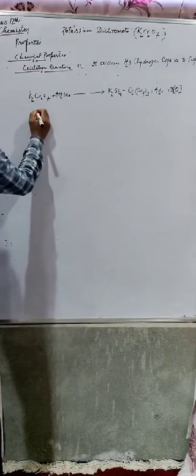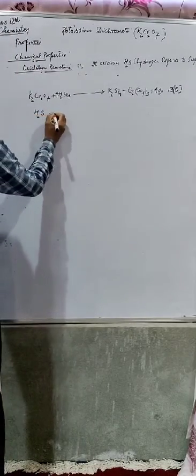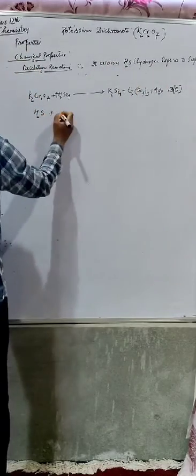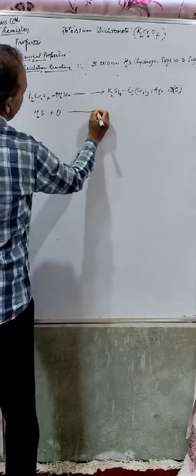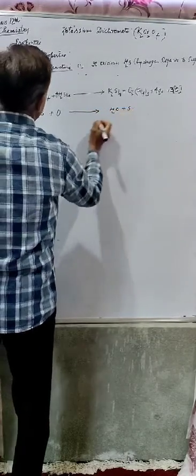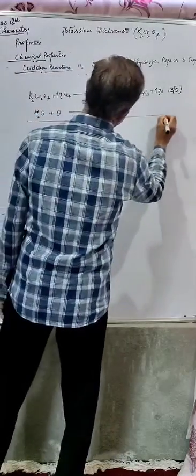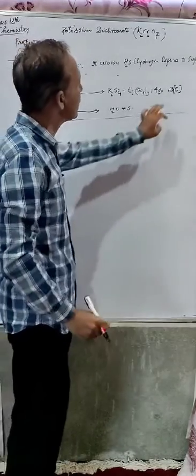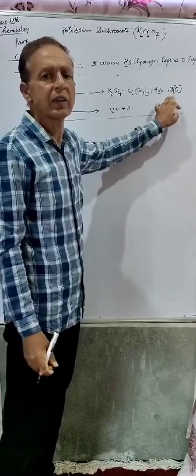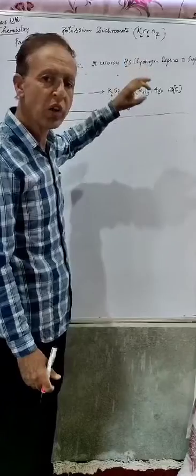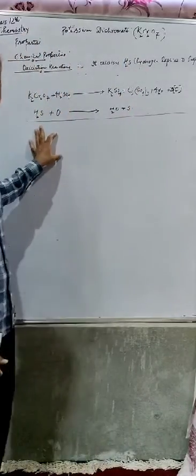Now we will write hydrogen sulfide. The reaction is it oxidizes hydrogen sulfide to sulfur. So H2S plus O forms H2O plus S. Now we have to write the overall reaction. While writing the overall reaction, we have to see the number of the nascent oxygen liberated, and जितने nascent oxygen liberate होते हैं, those are all consumed by this hydrogen sulfide.